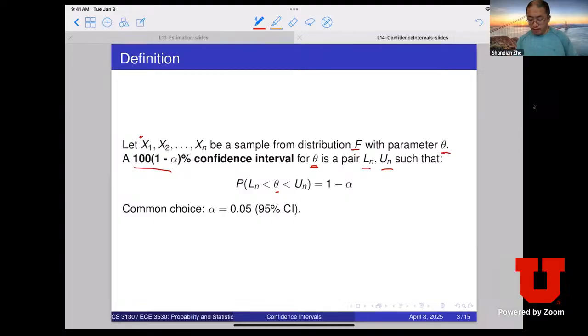So there might be some very complicated distribution, right? The governing parameter of this distribution is theta.